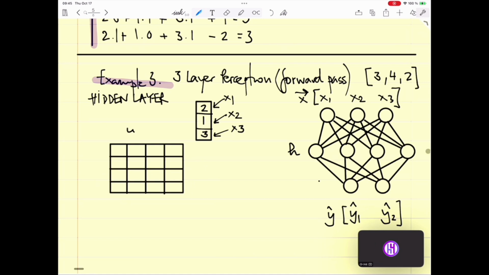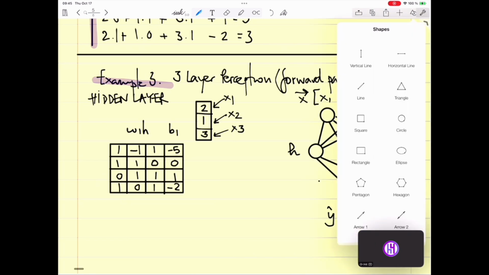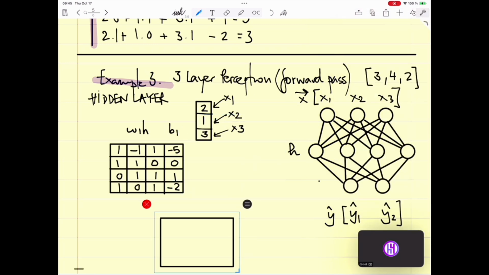This is going to be our weight matrix from 1 to h, and this is our bias 1. Okay, so let's put 1, minus 1, 1, minus 5, just as before, so we can go faster in the calculations. 0, 1, 1, 1, 1, 0, 1, minus 2. And what we are going to be getting as well is another matrix somewhere here.